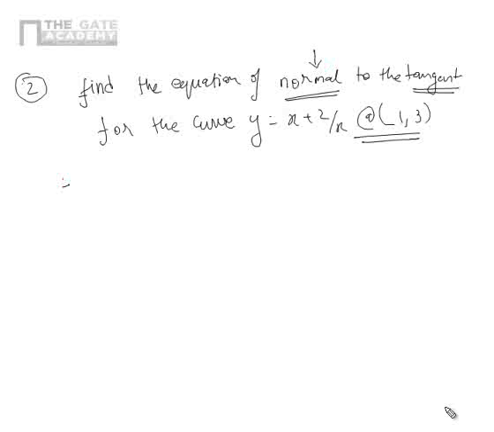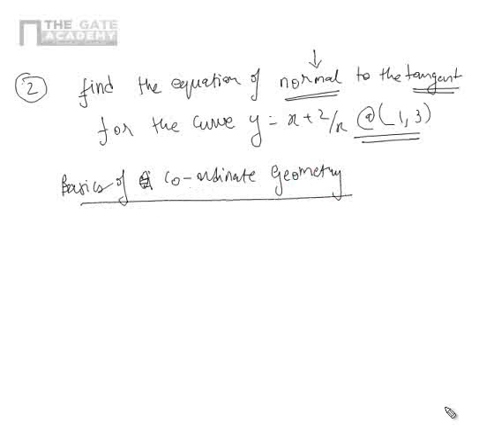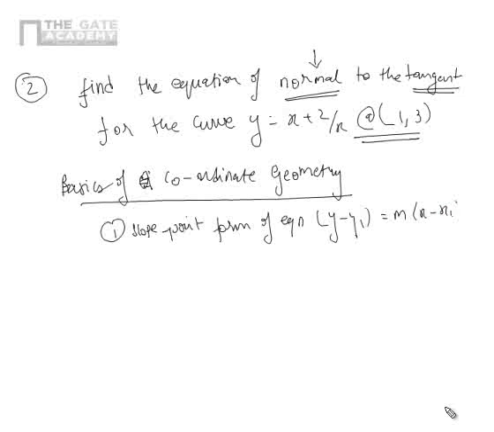Now we will go to the basics of coordinate geometry. Basics of coordinate geometry we should remember. What do we know? First thing is one point form of equation. Slope point form of equation, that is y minus y1 is equal to m into x minus x1.